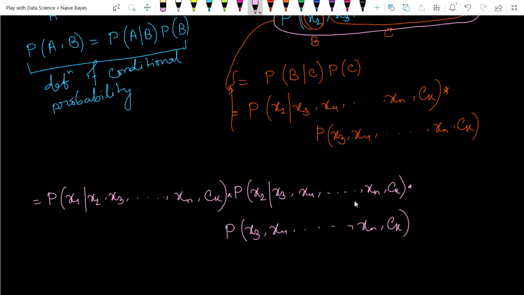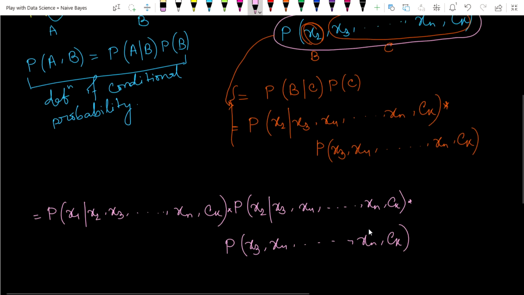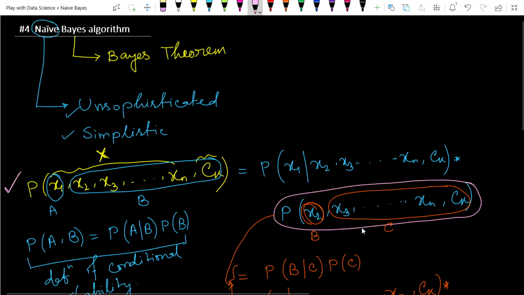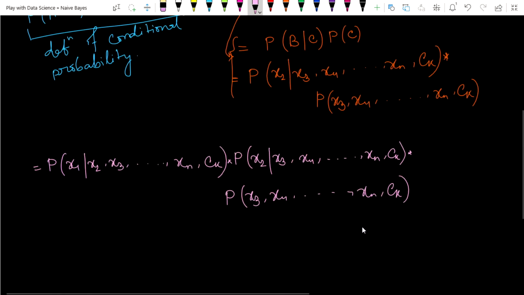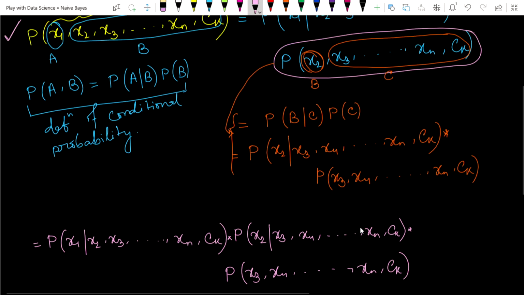Now I think you understand this. The same process will happen for this probability as well. I think you understand how the chain rule works, so it is not required to repeat this.